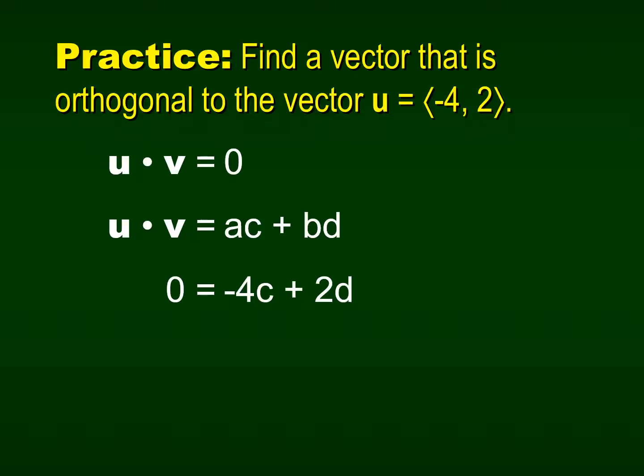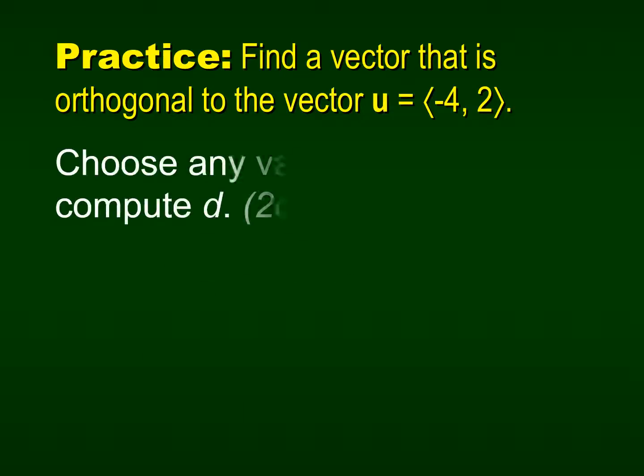So now what I'm going to do is I'll solve. So that means that 4c is equal to 2d, which means that 2c is equal to d. So to find d, all I have to do is multiply c by 2. So what I'm going to do is choose any value for c, okay, and then compute d.